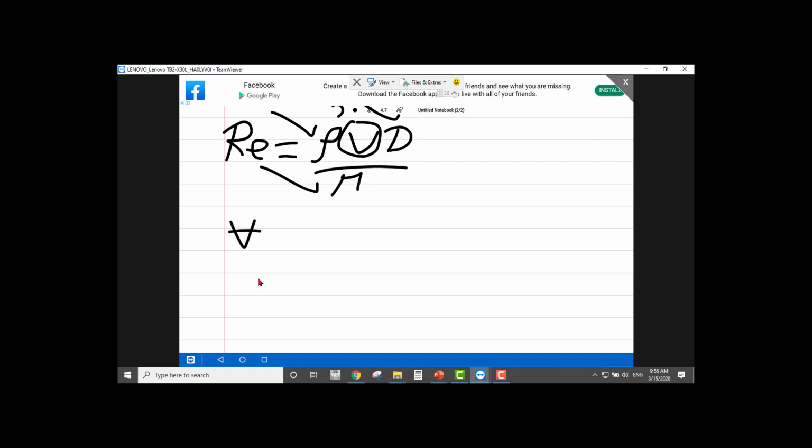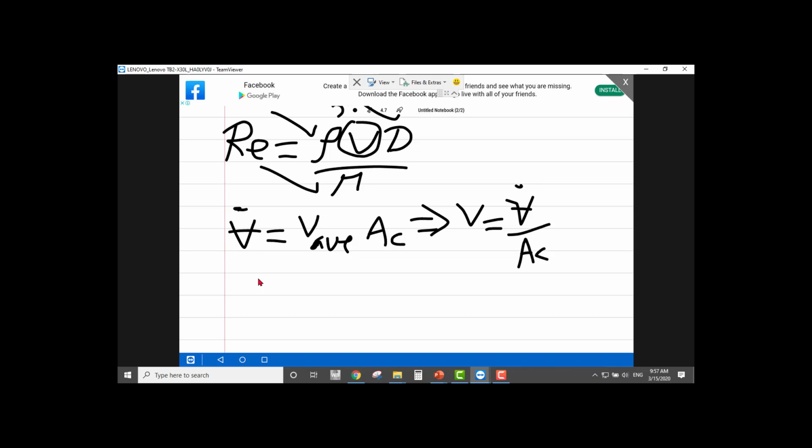We have V dot, V dot equal to V averaged multiplied by cross-sectional area. So V averaged equals volumetric flow rate divided by cross-sectional area. Now we need the cross-sectional area.